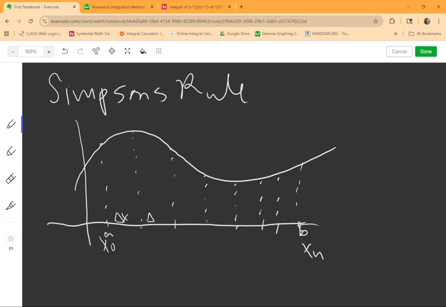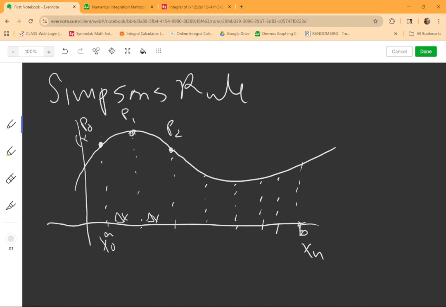That still remains the same here. They're equal subintervals, the partitions are equal, but instead of some geometric shape, what we're going to do is, across two consecutive subintervals, create points. We'll call those point P0, point P1, point P2.